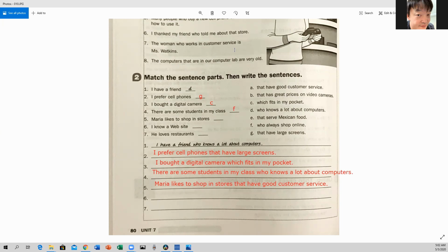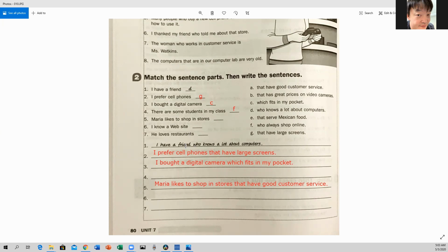So I would have to just fix this one. And then we have Maria likes to shop in stores. Oh, that's correct. There are some students in my class who always shop online. Yeah, that's number 4.